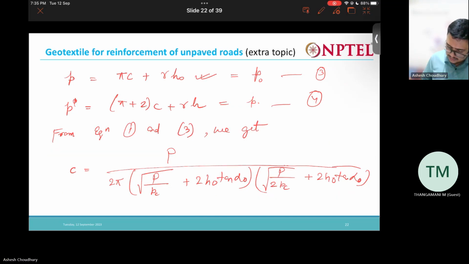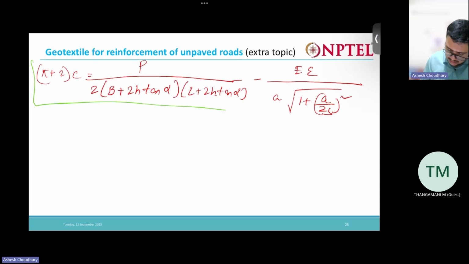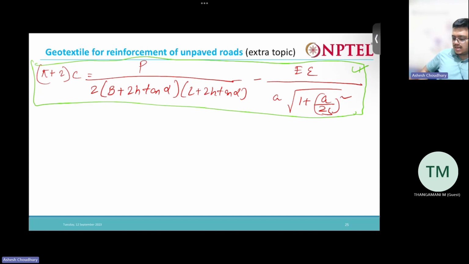And this is one. Okay, so these are the equations that we need to use. All right. So you will see that the H that we determine will be less than H naught.